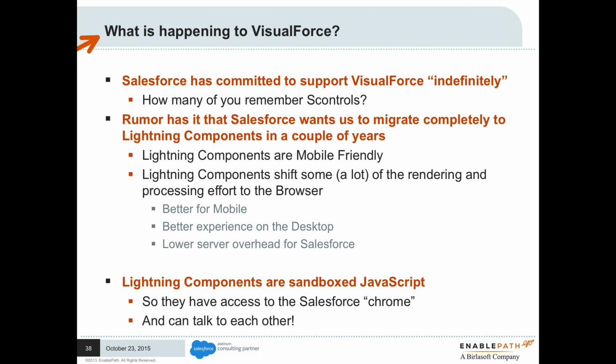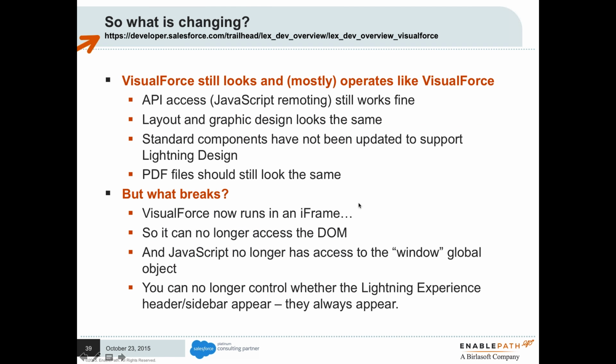And then as a nice side effect, a lower server overhead for Salesforce. So as I said, Lightning components are sandboxed JavaScript, so that they have access to the Salesforce Chrome and can talk to each other.